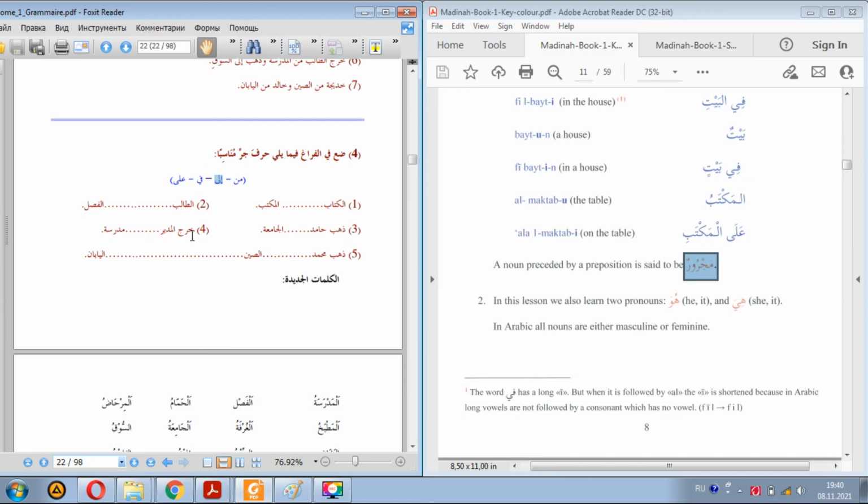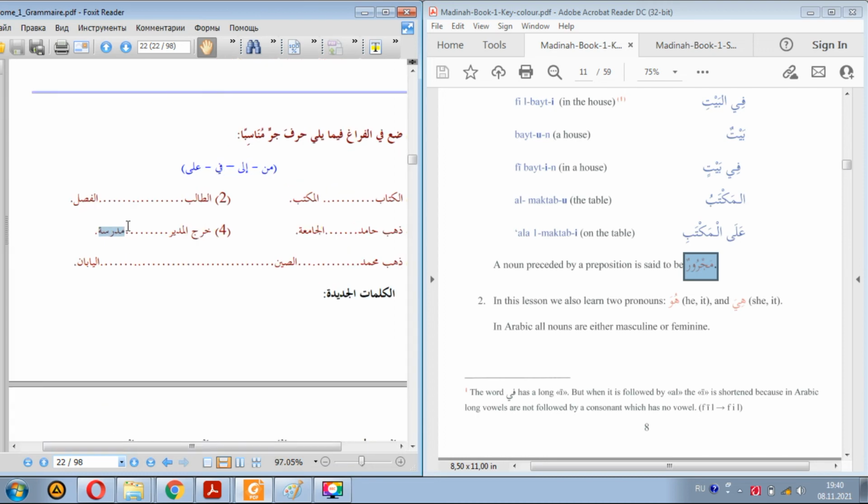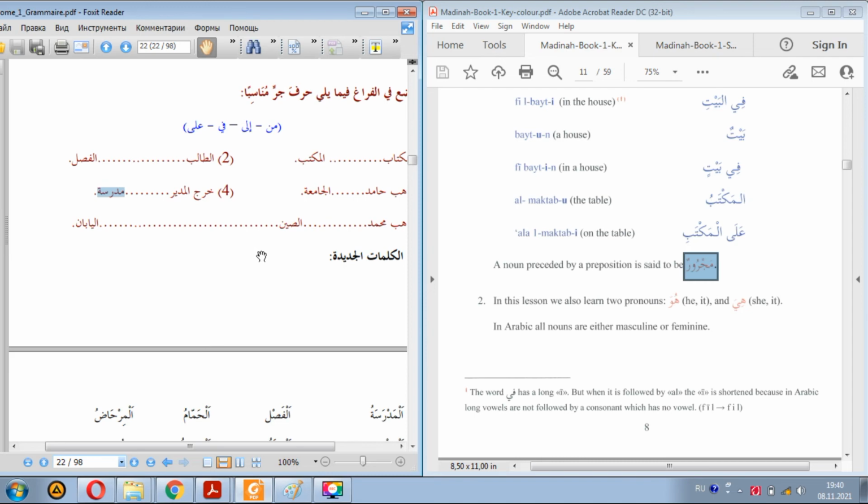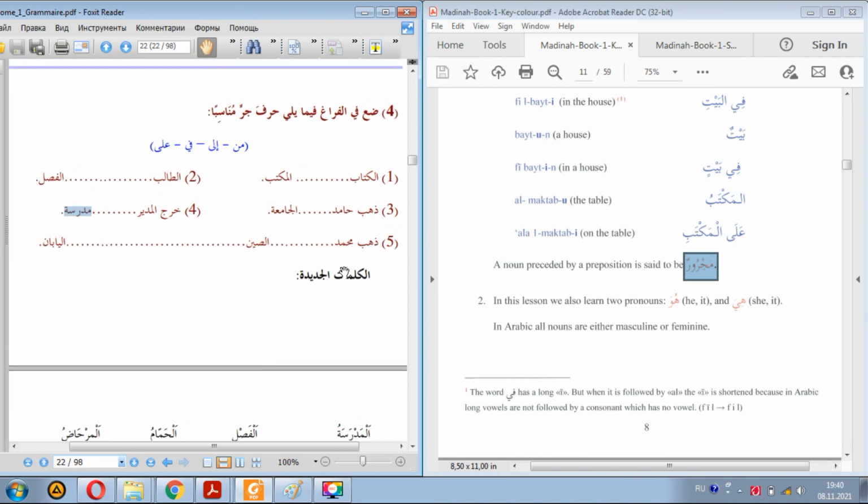خرج المدير. Well, he went out, and therefore we say من. خرج المدير من المدرسة أو من مدرسة. Well, I think they accidentally took out this alif lam, من المدرسة, because he went out from the school, not from a school, from the school. ذهب محمد.